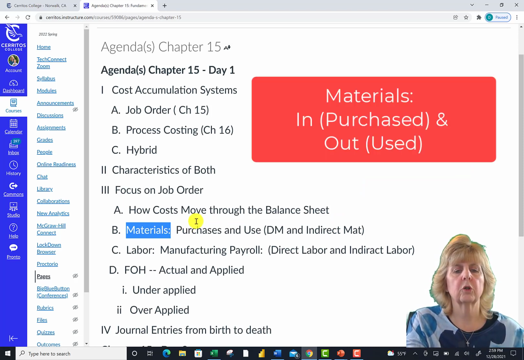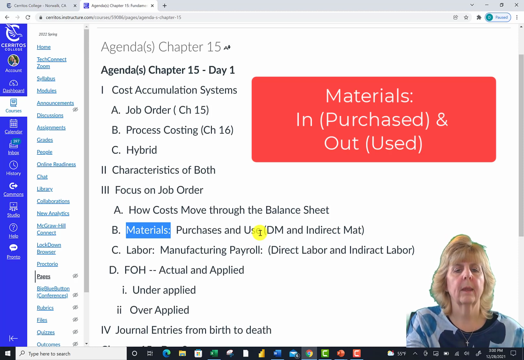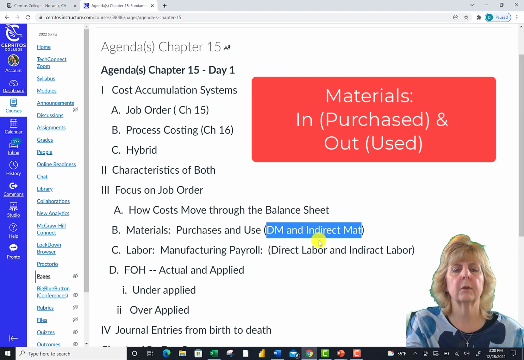We saw purchases of materials coming in, and we saw how the use of direct materials in the previous chapter was charged to WIP. In this chapter, not only are we going to talk about direct materials, but we're also going to add a little bit of complexity and talk about indirect materials. Those materials that aren't necessarily charged to a specific job, but may be charged out to the factory in general.